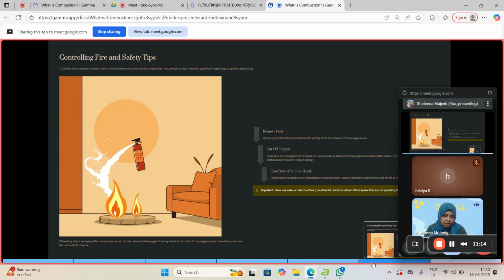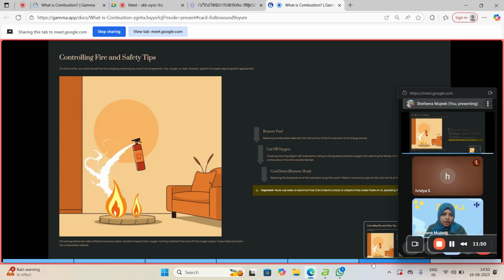Usually we use carbon dioxide fire extinguishers. Then we can also use water fire extinguishers, but don't use them on electrical combustions or electrical burnings, because it may lead to the calamity of shocking. And don't use water fire extinguishers on oil combustions either, because when water flows over the oil, it leads to more combustion.